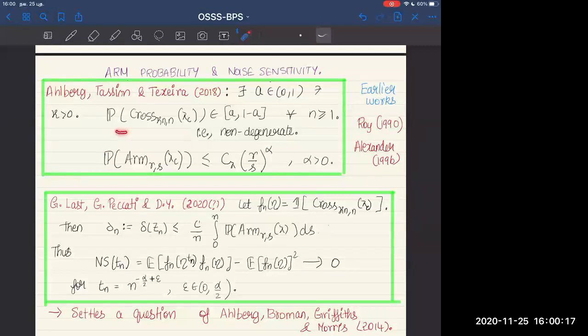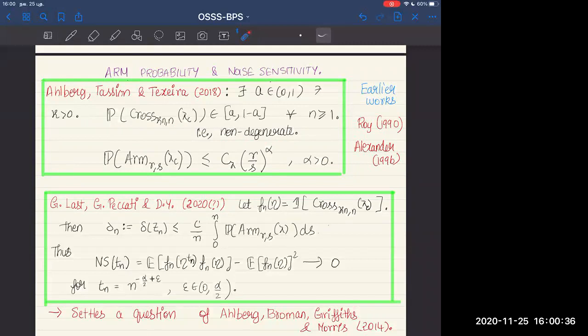The arm probability decays like R divided by S. If you want to go from R to S, in other words fixing R and only varying S, it decays in S in polynomial fashion.